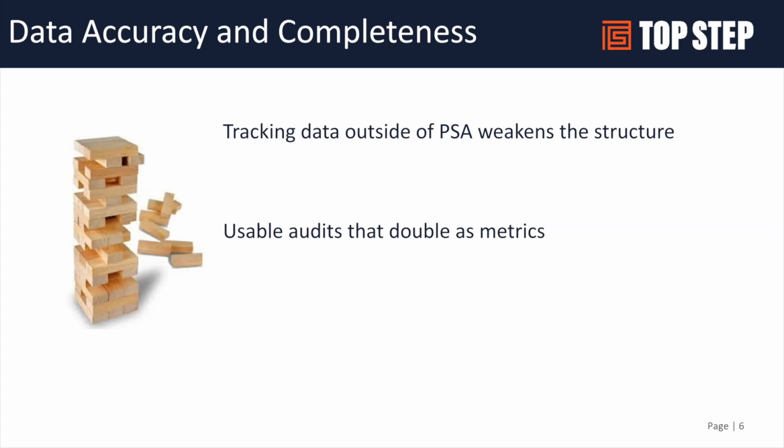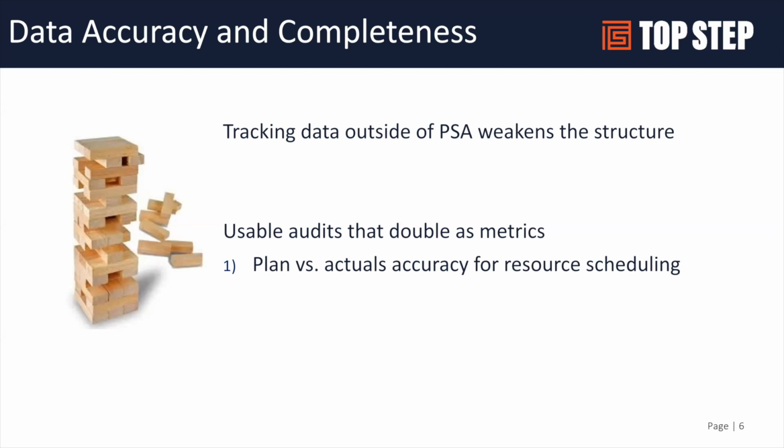So some of the usable audits that also double as metrics. Plan versus actuals for resource scheduling. This is a metric that we recommend to all our customers that are using OpenAir, and they're using the scheduling module to make sure people are scheduled correctly.